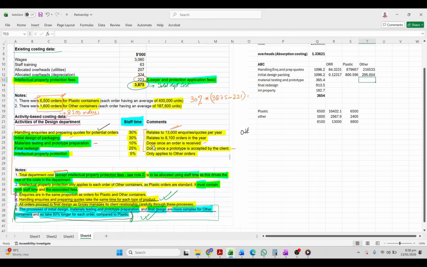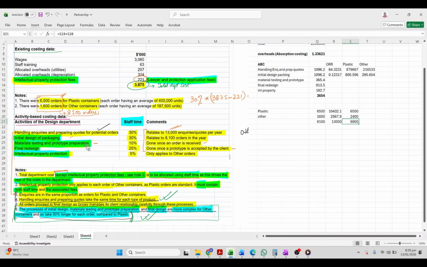So we cannot divide this by 8,100, because that would mean we are assuming all products require the same time. That's why we have to divide it by 8,900 and then multiply with 6,500 and 2,400. You cannot divide with 8,100 and multiply with 6,500 and 2,400. It's basic mathematics, so it will not work, right?